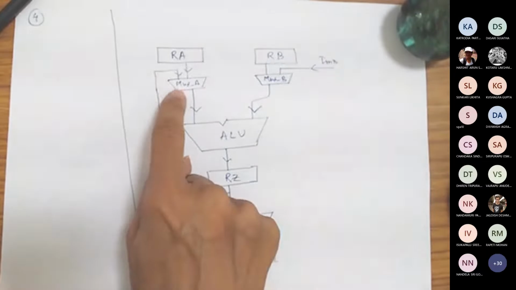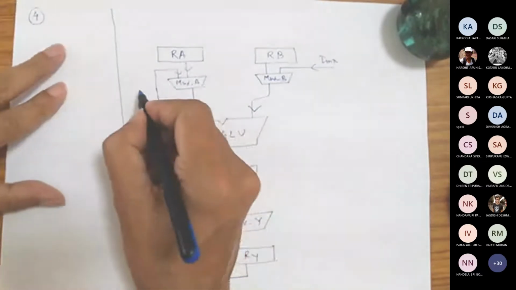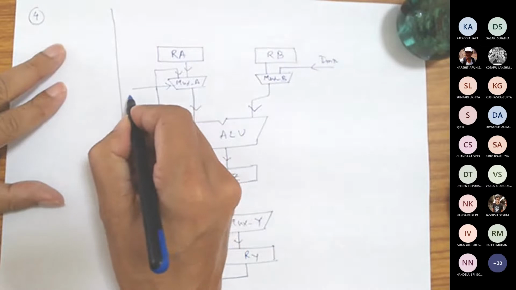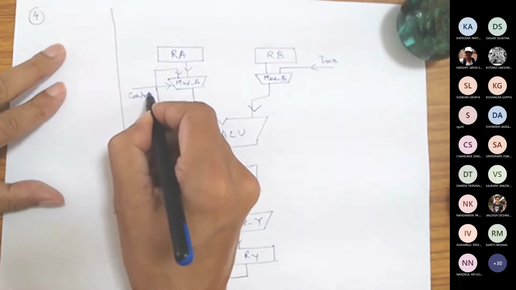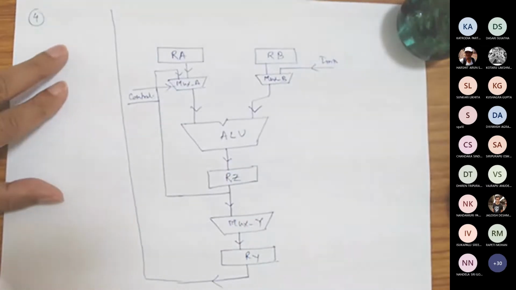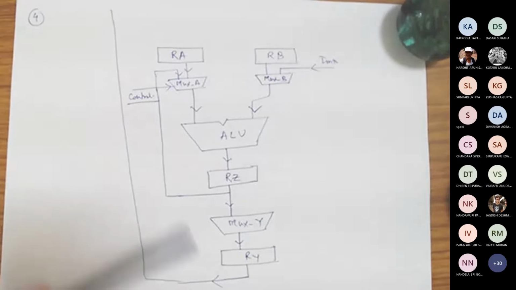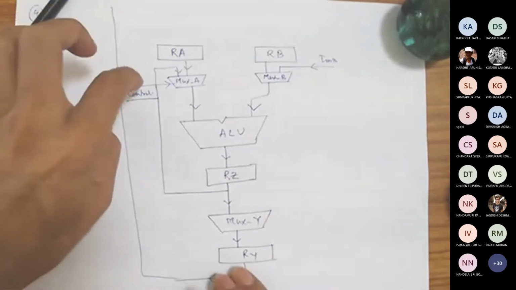Now when this multiplexer will be selected, you need to design the control signal for this. What will be a good scheme to design this control signal?